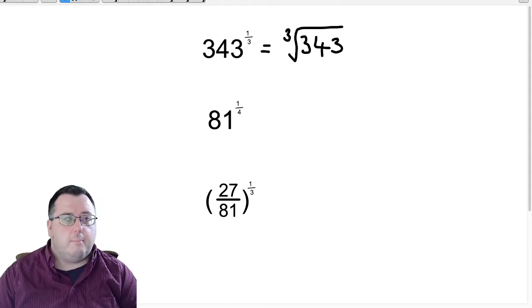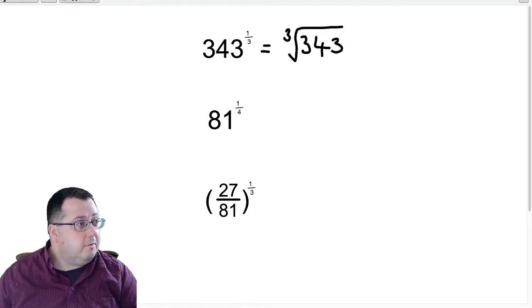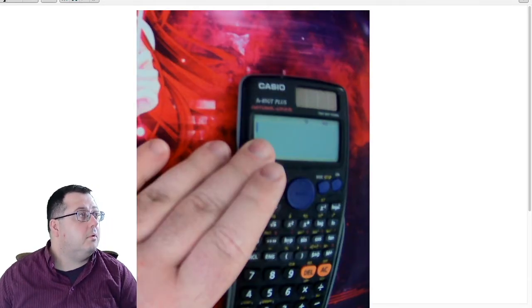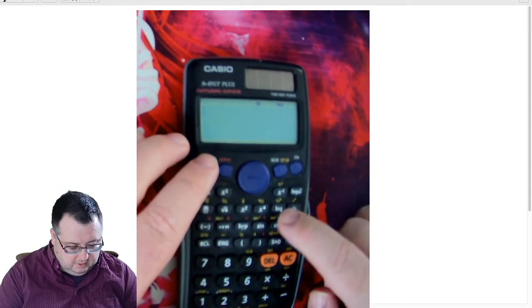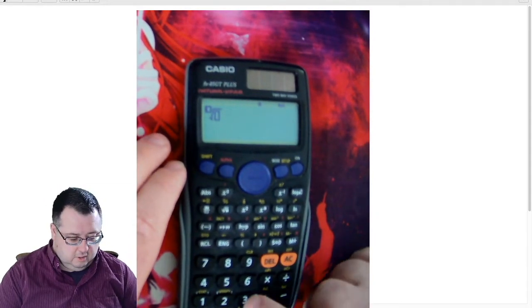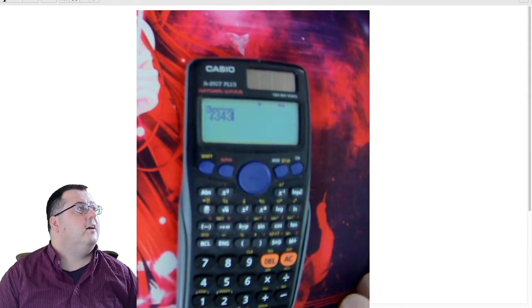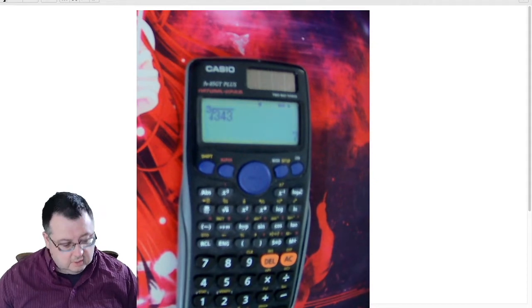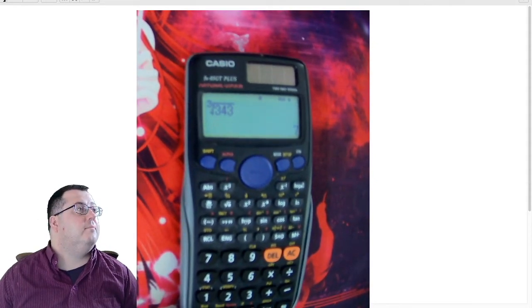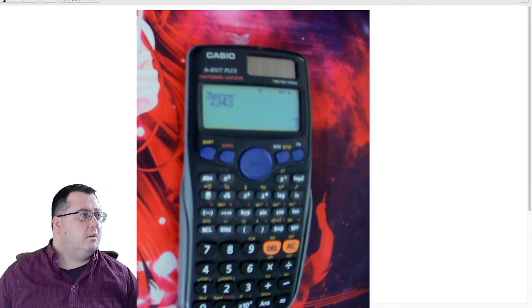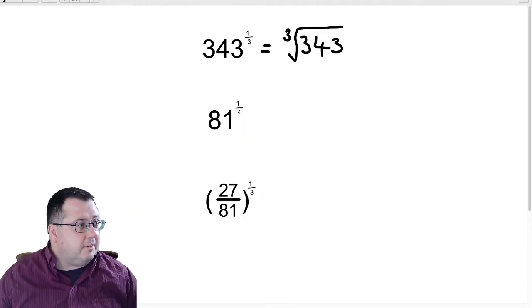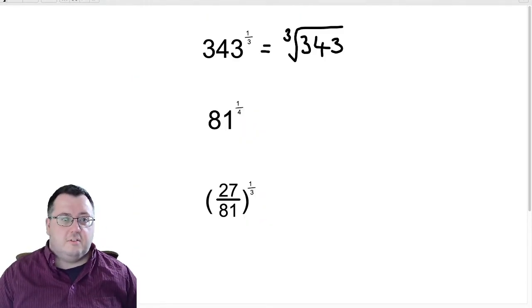Let me switch the webcam on. There we go. So it's Shift X block, cube root of 343, and then equals, gives me 7 as an answer. Okay, so I'm going to switch the webcam off again and write the answer in here. We found that to be 7.